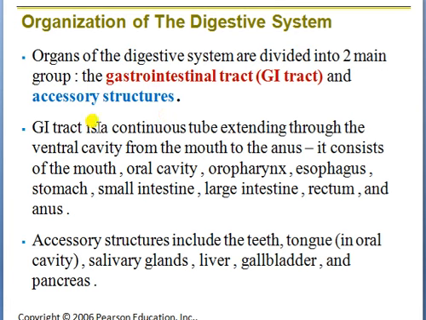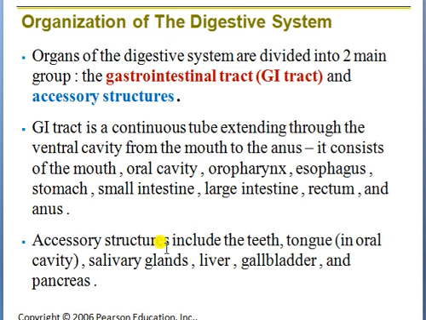Now the digestive system organization: it is mainly the gastrointestinal tract and accessory organs or accessory structures. The gastrointestinal tract consists of the mouth, oral cavity, oropharynx, esophagus, stomach, small intestine, large intestine, rectum and anus.